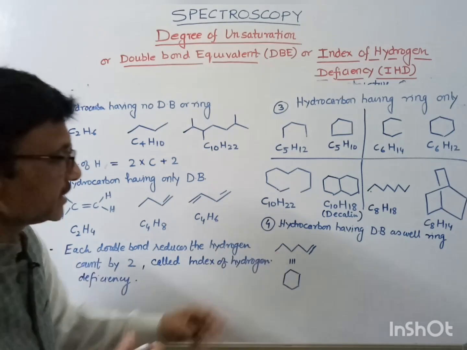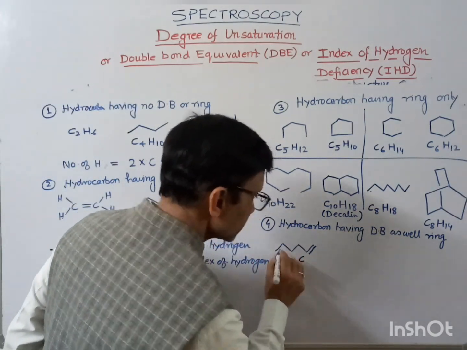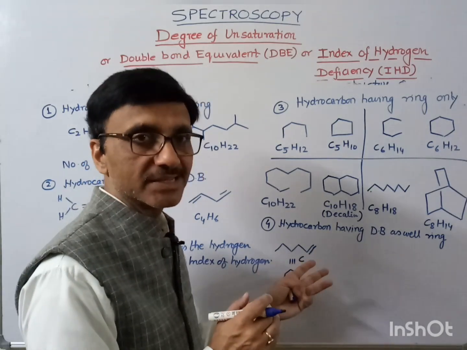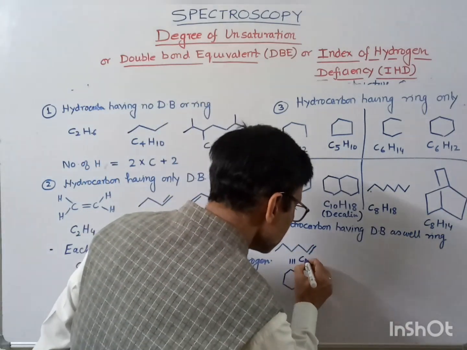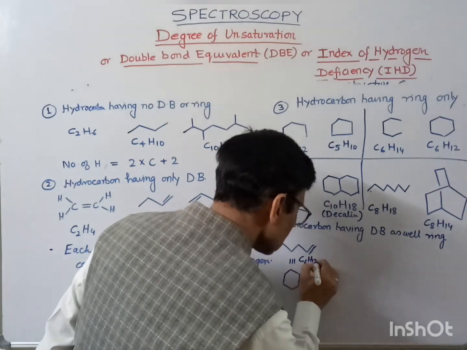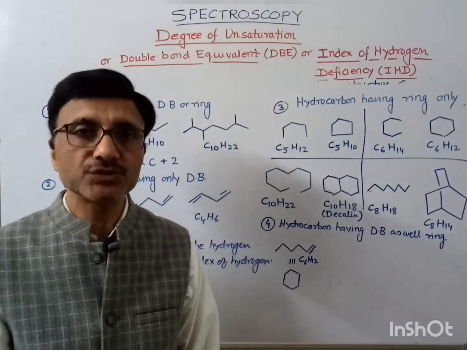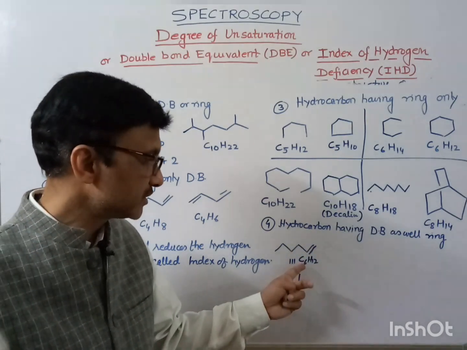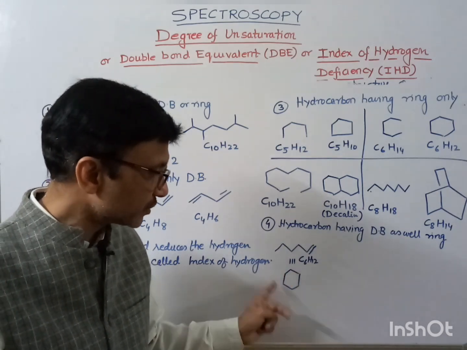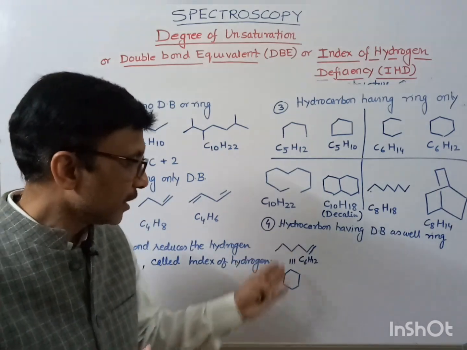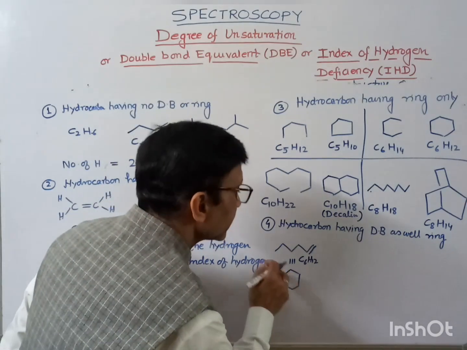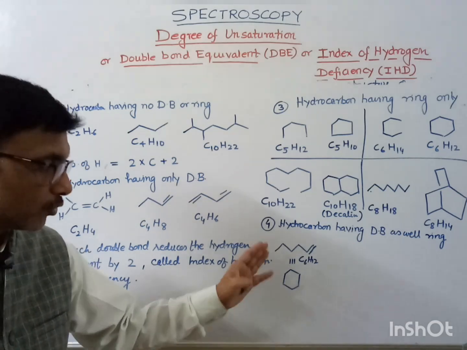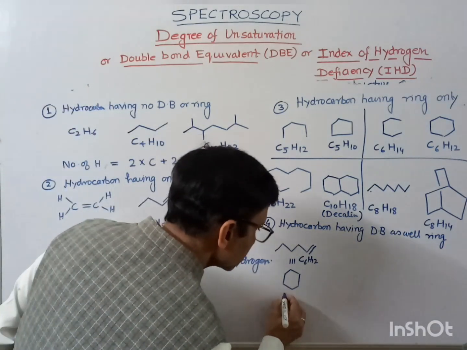This is C6, because 6 carbon atoms are there and one double bond is there. Then it would be C6H12. This is C6H12 because hexane is C6H14, and if one double bond is present, then it is C6H12, and this structure is also C6H12. So if C6H12 is there, then it may be hexene or it may be cyclohexane. Both possibilities are there. So both are C6H12.